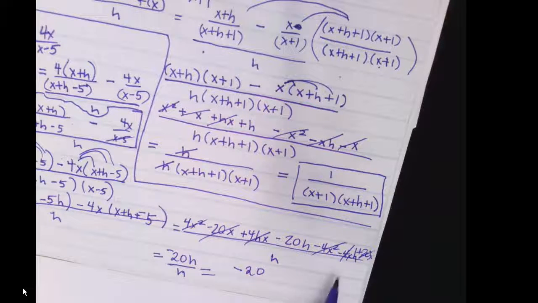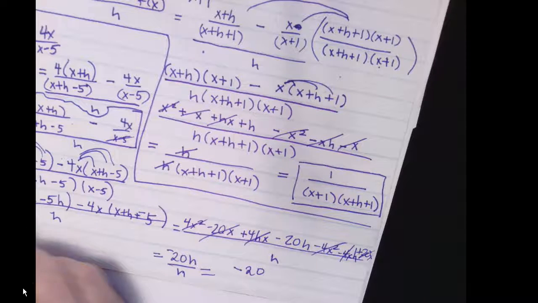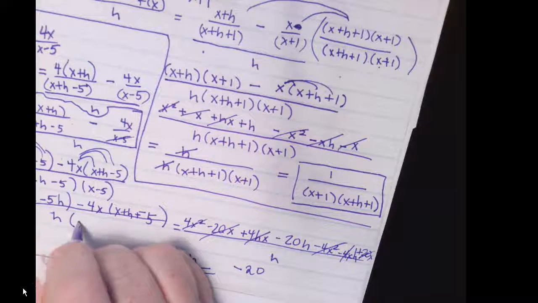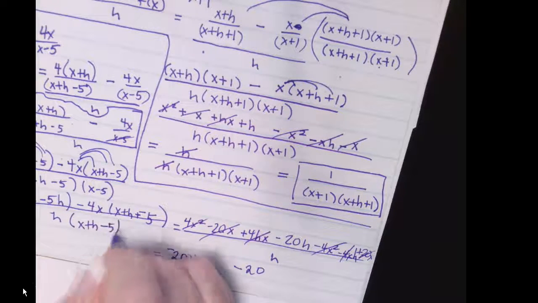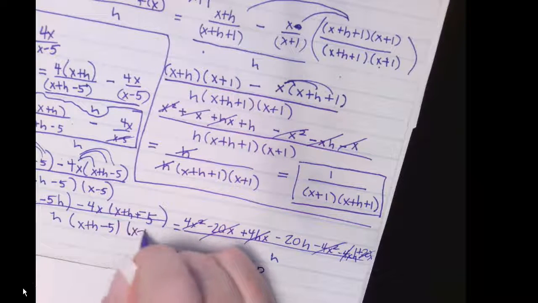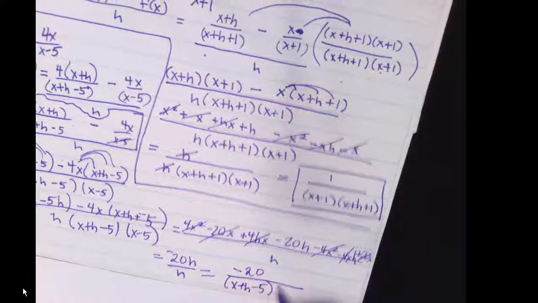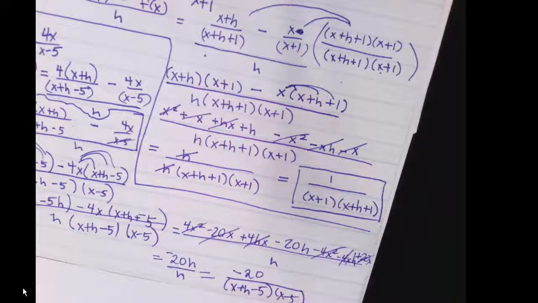Oh, and then I forgot to multiply by the entire denominator there. So that's going to be times x plus h minus 5 times x minus 5. So our final answer is negative 20 over x plus h minus 5 times x minus 5.